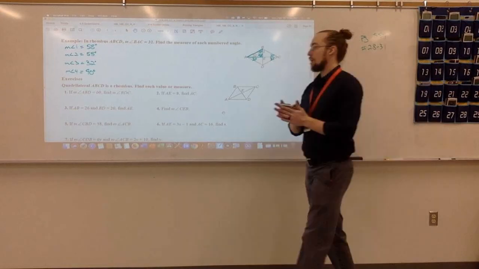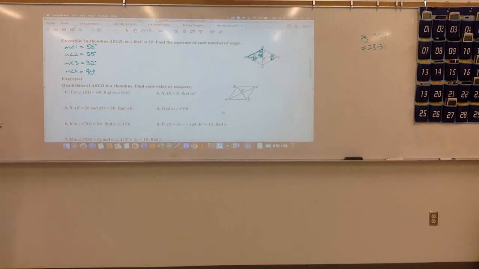All right, and let's try a couple of these here. Let's read for now. I believe the rest of these we should be able to take a look at using these properties. Okay, so skip number 3.